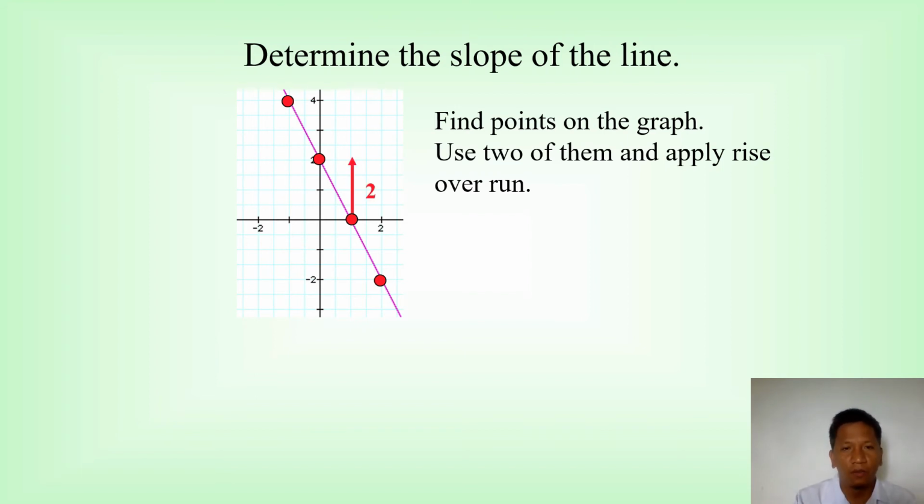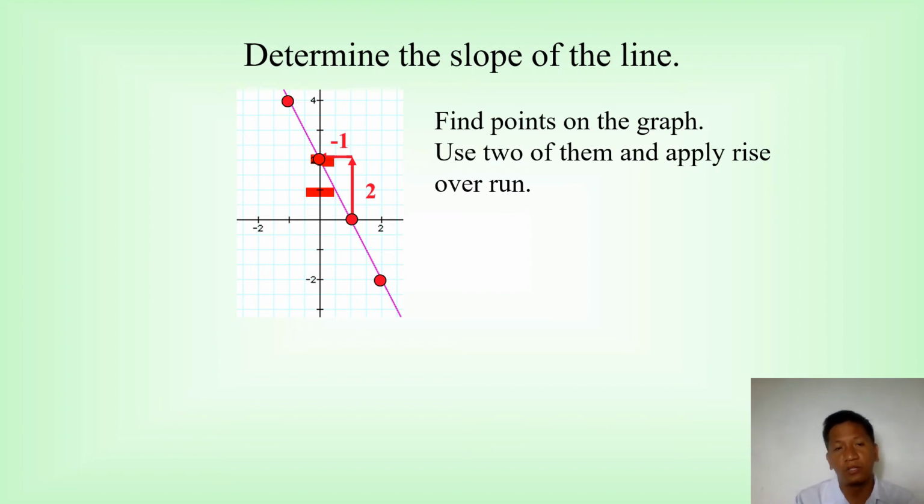Then next, what is our rise? We have positive 2. Why positive 2? Because it went up 2 units. So the value of the rise is 2, and then the run is negative 1. Why negative 1, sir? It's because the arrow goes to the left.